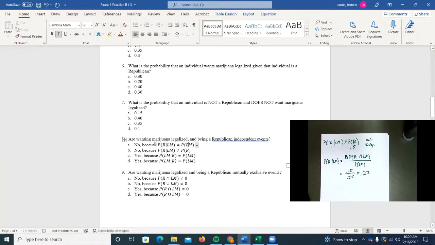Well, we're comparing that to the unconditional probability of wanting marijuana legalized. That doesn't tell us anything about whether or not they're independent, right? We have to be comparing the conditional probability of R to the unconditional probability of R, right? So whatever's on the left-hand side of that conditional line should be matching up with whatever's over there on the right-hand side of that unconditional probability.